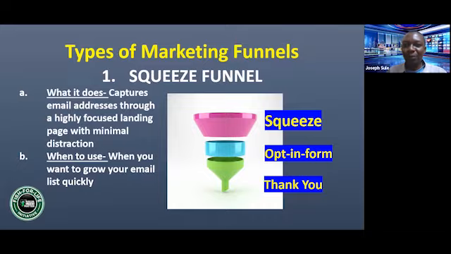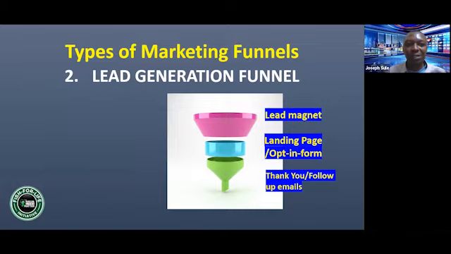So I usually prefer the next type of funnel, which is the lead generation funnel. For this funnel, it is highly likely for people to engage because you are giving them something. Now, this particular one, the lead generation funnel, was the one I taught us two weeks back. That's the one I said only Mama Mary Adebayo has been able to do successfully.